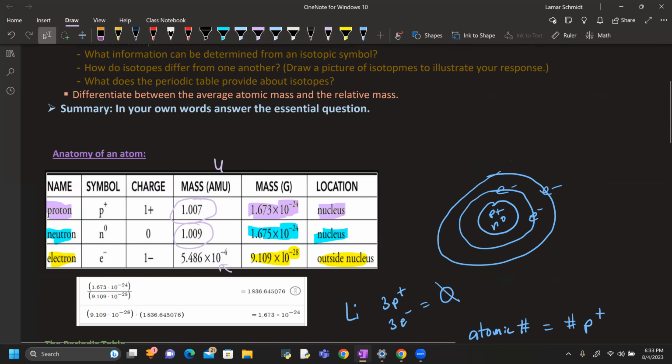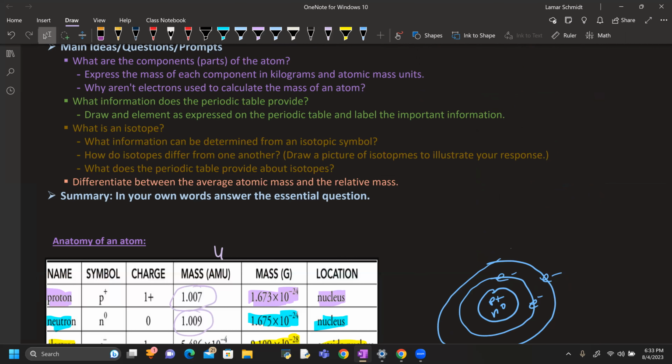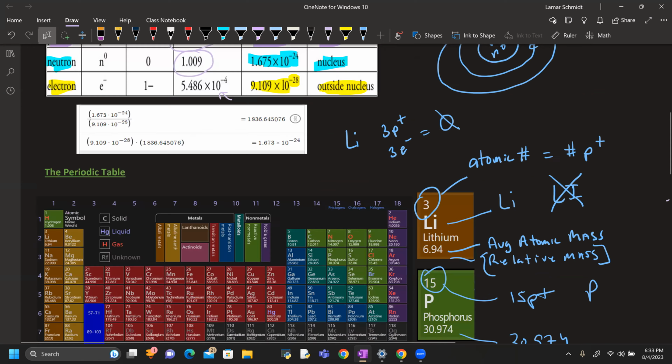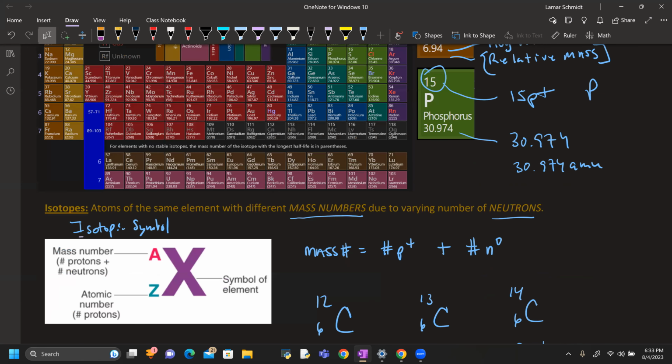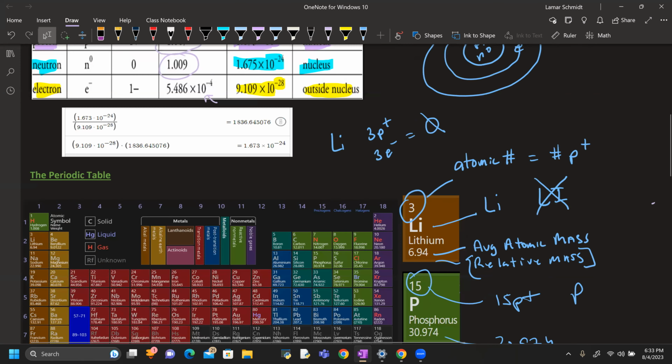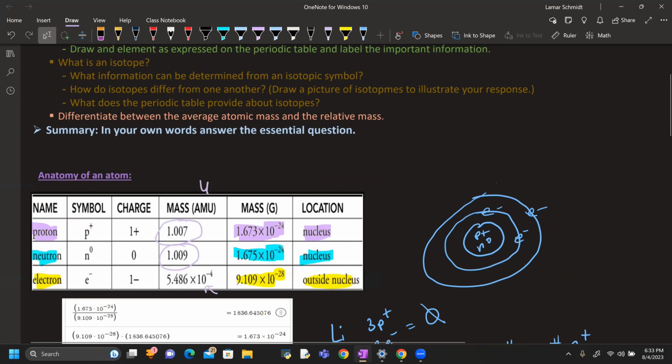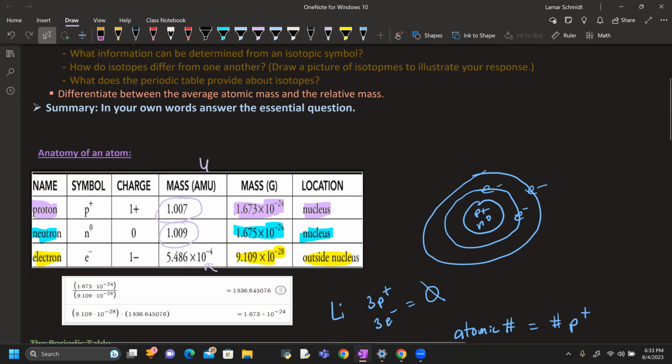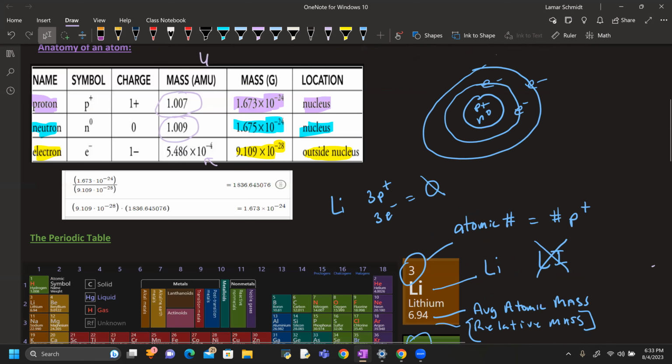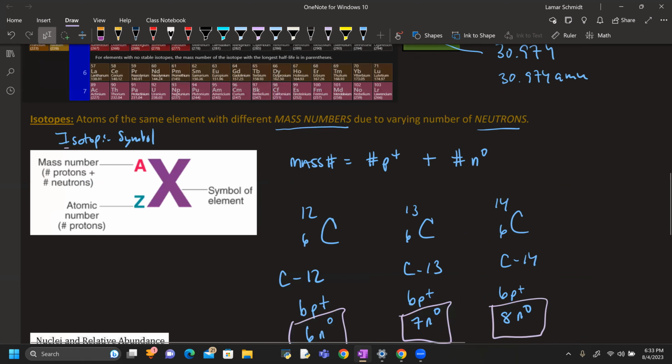So let's make sure that we answered our question. So what is an isotope? We said that an isotope are atoms of the same element with different mass numbers due to varying number of neutrons. And then we also want to know what information can be determined from the isotopic symbol. And so we see on the isotopic symbol, that's what these are right here.